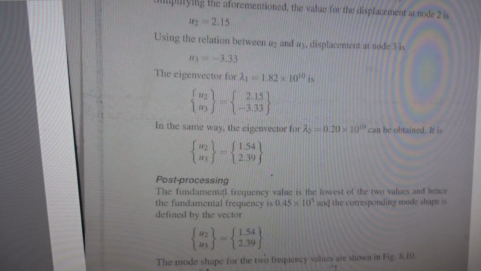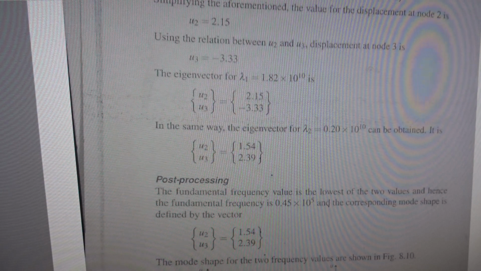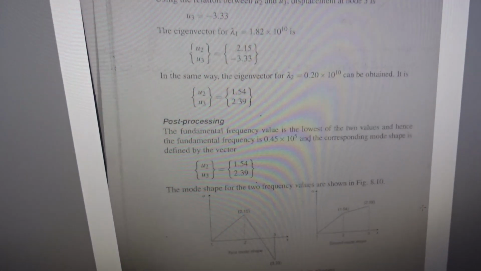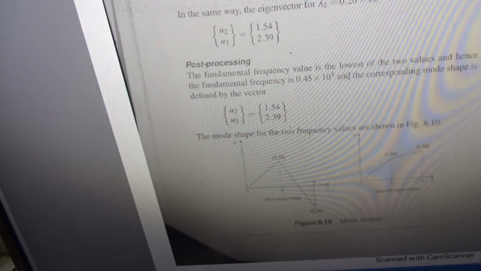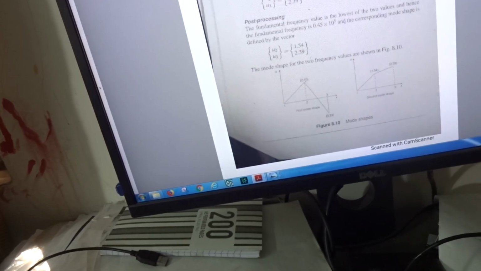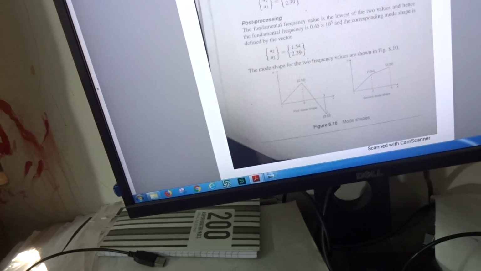After this, in post processing, draw the graph. When you draw the graph, substitute lambda 2 first, and this will give the second node in tension and the third node in compression.